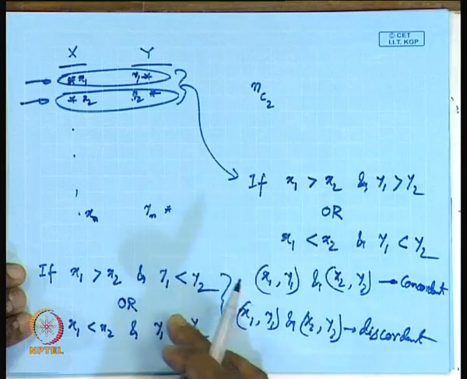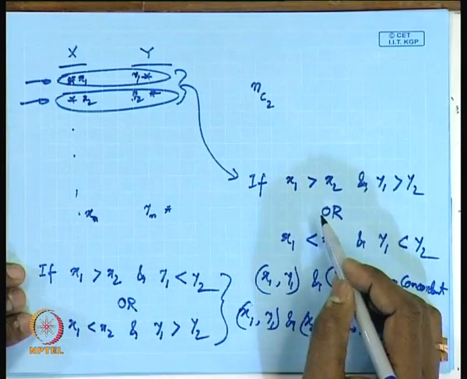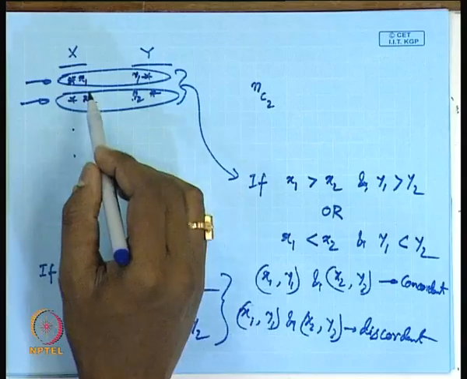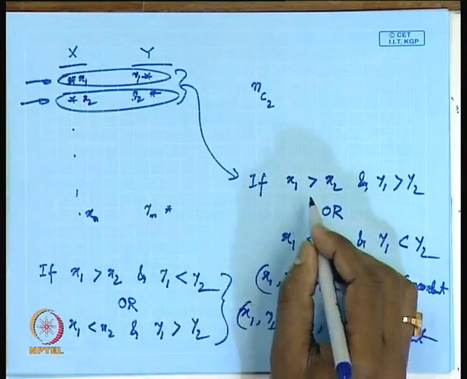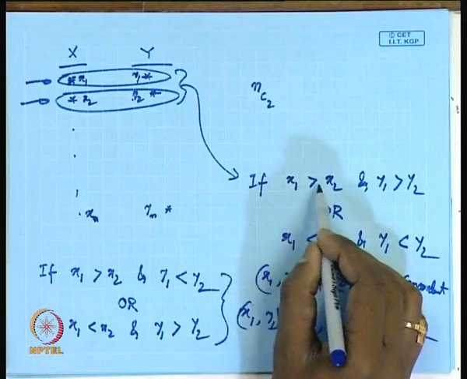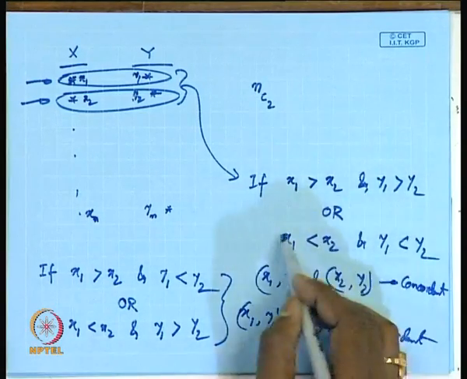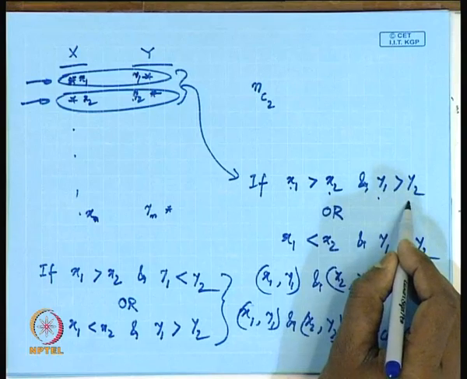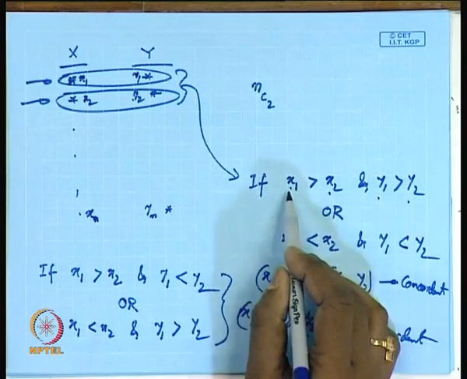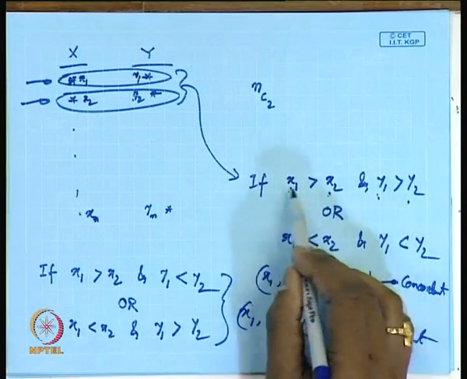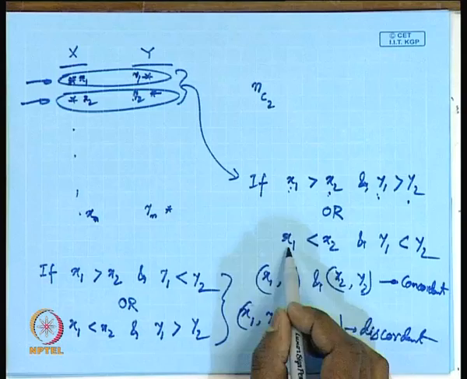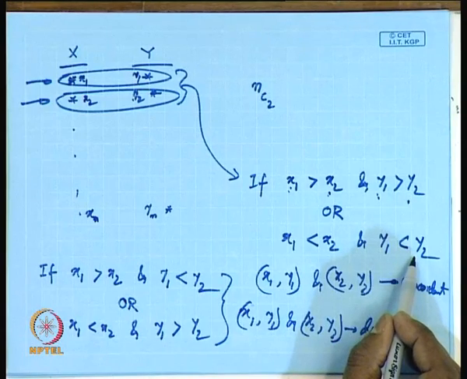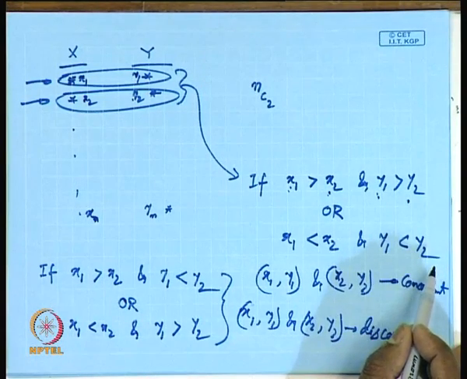Now, how to test it? Just by visual inspection you can see, or if we want to combine both these conditions together, we can say that if x1 minus x2 multiplied by y1 minus y2 is greater than 0, you see, if this is greater than this and this is greater than this, then the multiplication will be greater than 0, or if this is less than this and this is less than this, then also the product will be greater than 0.